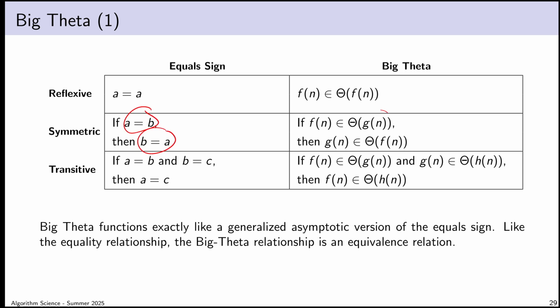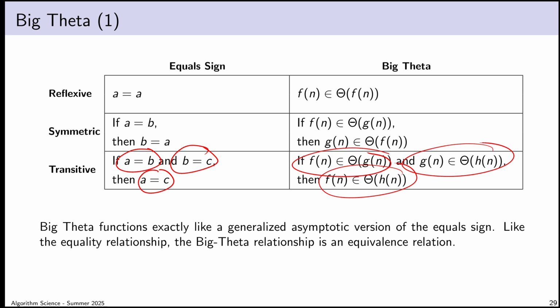And similarly, if f is big theta of g, then g is big theta of f. We also know that equals is transitive. If a is equal to b and b is equal to c, then a is equal to c. They're all equal to each other. The big theta version of that is notationally a bit verbose, but if f is big theta of g and g is big theta of h, then f is big theta of h, and h is big theta of g and h is big theta of f.